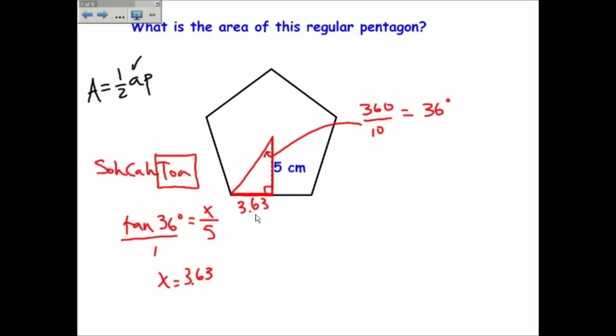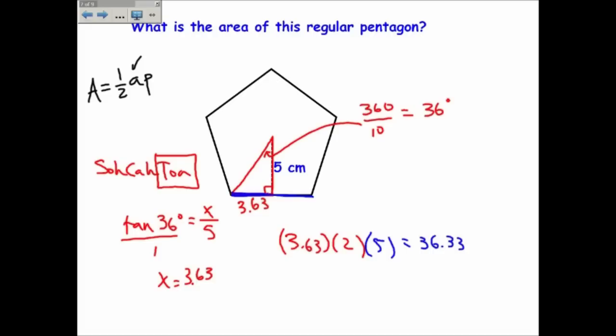Now, if I double that, I'm going to find this length right here, which is a side length. And I can multiply that by the number of sides, because there are 5 sides. So that times 2 times 5 is going to give me 36.33 centimeters.